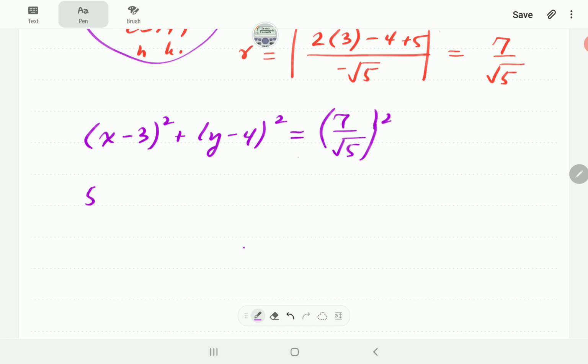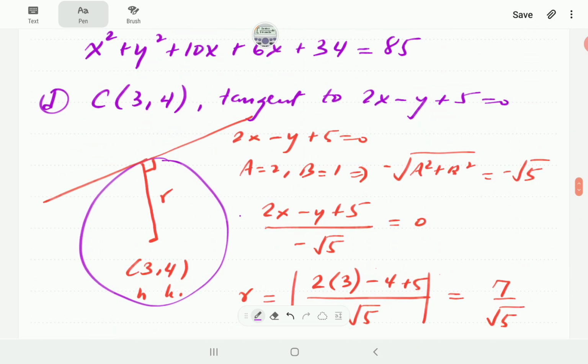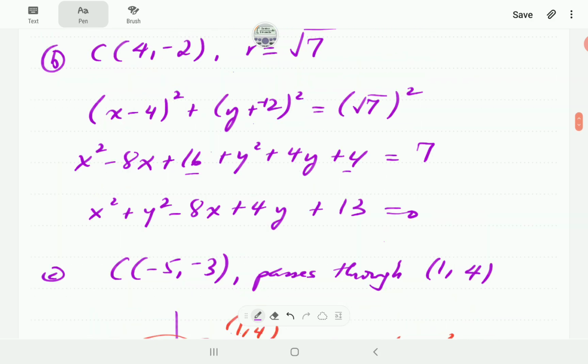If we simplify this, it's going to give us 5x squared plus 5y squared minus 30x minus 40y plus 76 equal to 0. Make sure you can fill in all those steps that we skipped there. So that is example number D. We're now going to go to E.